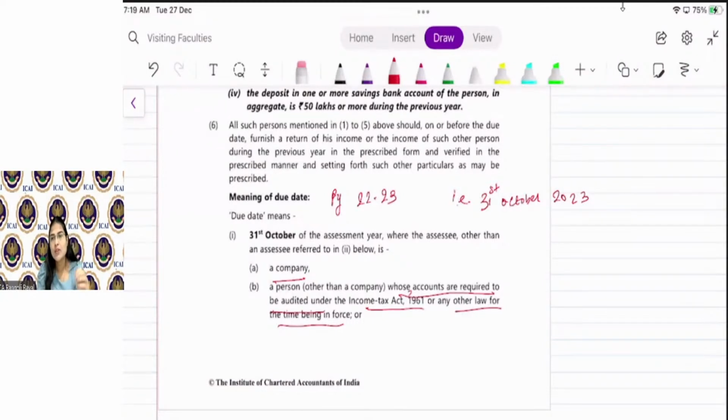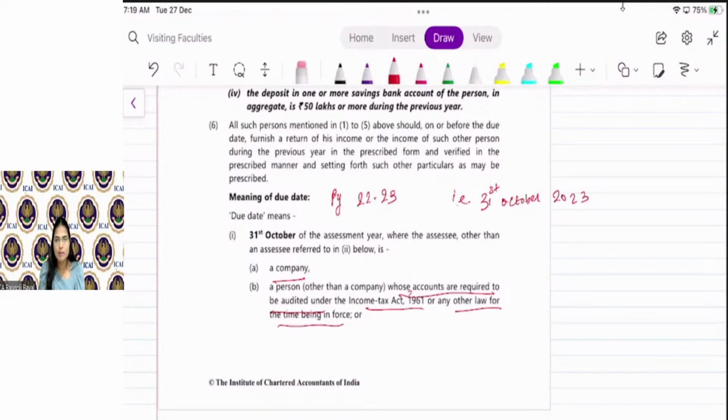Then the due date for filing return of income for the partnership firm is 31st October. Why? Because the partnership firm is required to get its books of account audited under the Income Tax Act.